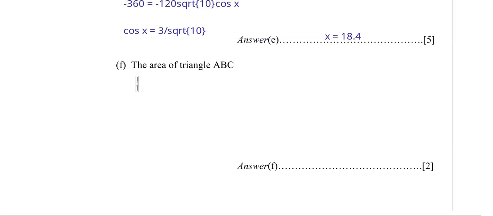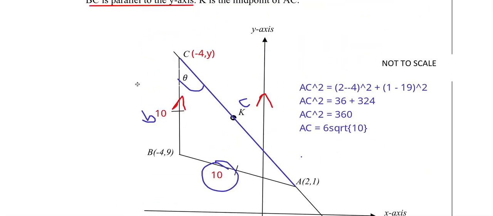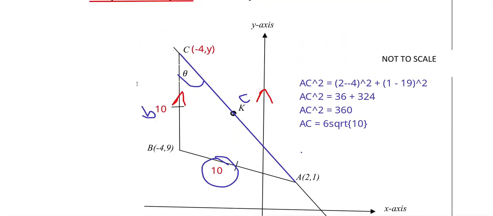To calculate the area, since there is no 90 degrees there, or no perpendicular height you can use there, actually, if you like, you can calculate a perpendicular height, which could be this distance from here up to there, which will be 2 minus negative 4. So this is h, and h is going to be 2 minus negative 4, which gives you 6 units.